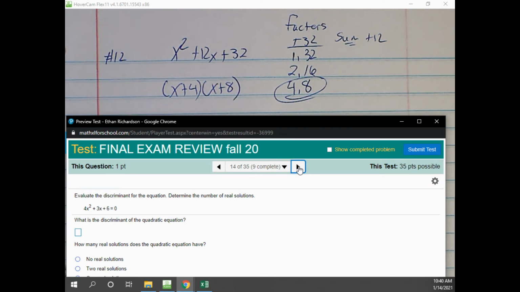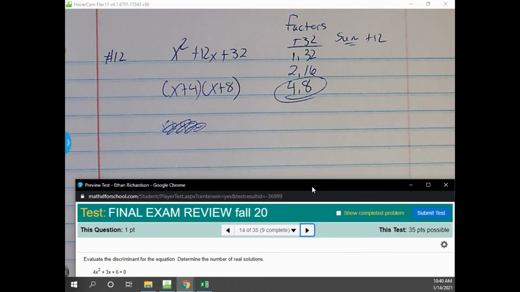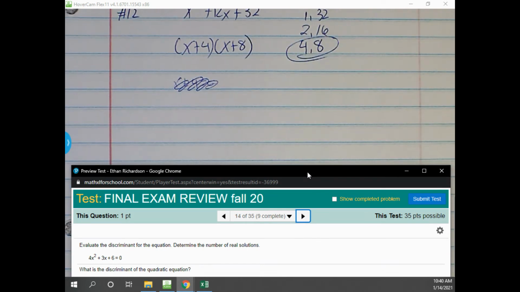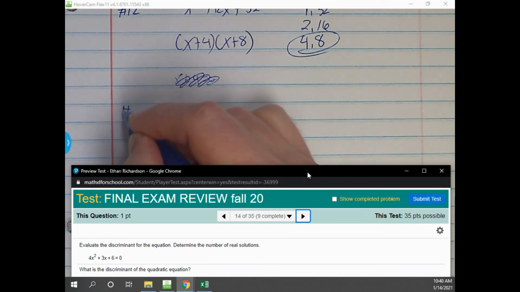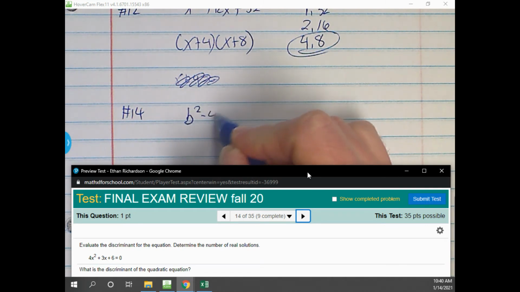All right, 14. Got a couple things in it. First thing it says, evaluate the discriminant of the equation. All right, which basically means this is a quadratic formula type question, but we're only going to do the discriminant. And for 14, the discriminant is b squared minus 4ac.